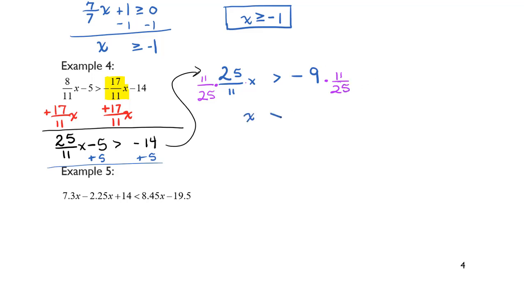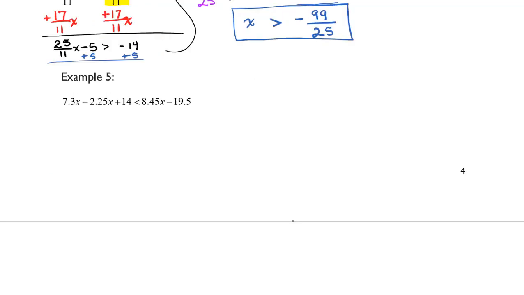And we have x is greater than -99 over 25. And I know that is not going to reduce. Since this was given to us as a fraction, we need to give the answer back as a fraction. If it had been a mix of fractions and decimals, you could literally pick which one you wanted.